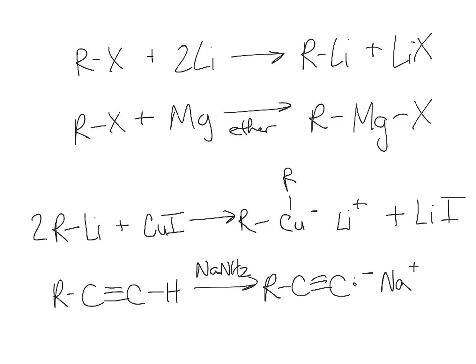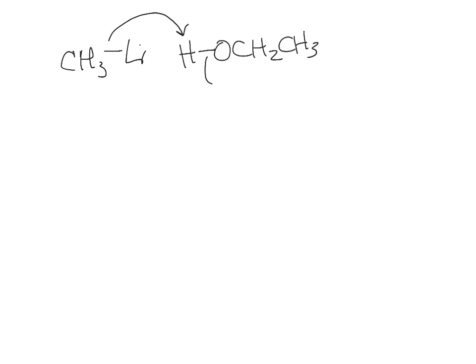So how can these guys react as bases? They're super strong reagents and super strong bases, so they're easily going to take a proton from water or from an alcohol or carboxylic acid or an amine. So what happens is you have your organometallic reagent and you have your alcohol or your water or things like that, and it's a base, so it's just simply going to take that proton off.